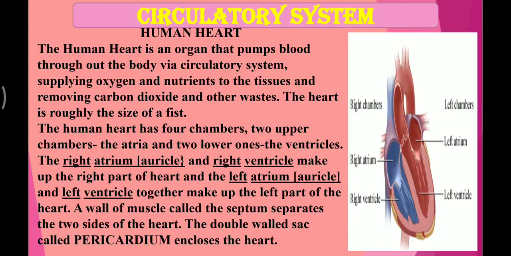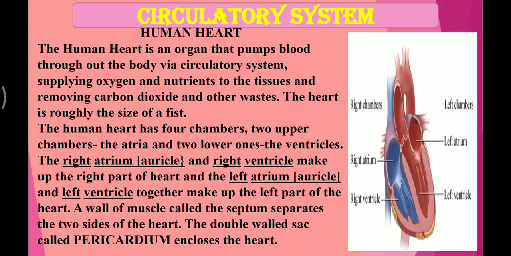Down, the right leg is the right ventricle, the left leg is the left ventricle. Like that, 4 chambers. Our heart has 4 chambers: the right auricle, right ventricle, left auricle, left ventricle.